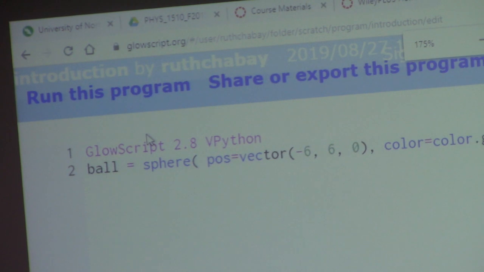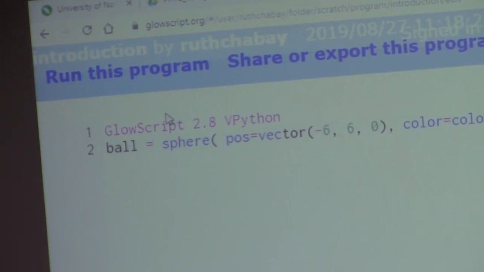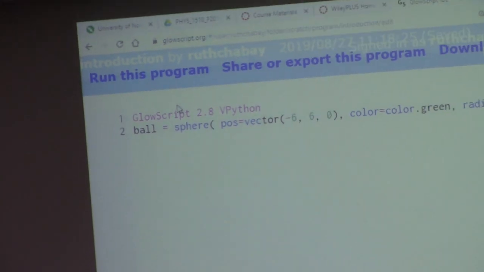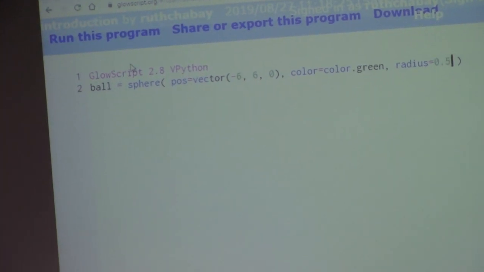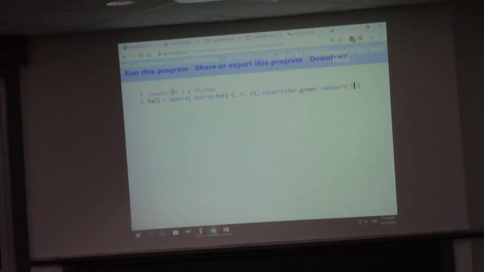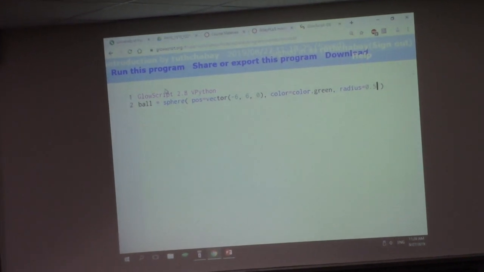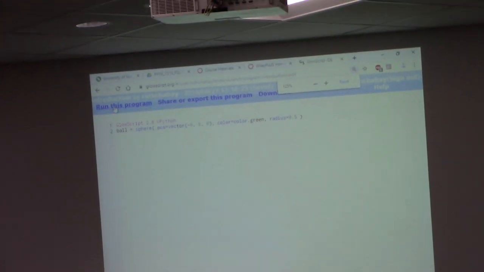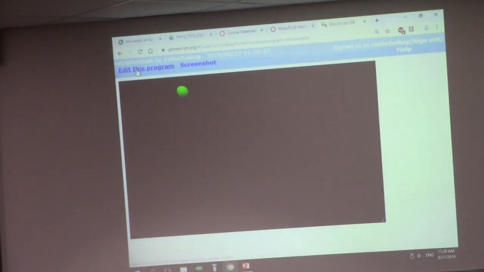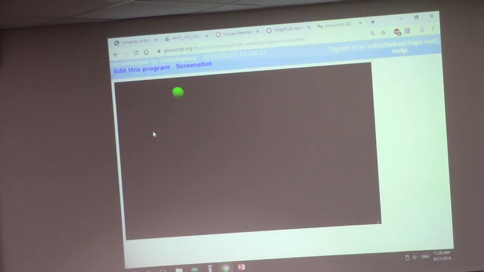Okay, so that's what I've typed. Sphere, its position is a 3D vector, color is green. So a 3D vector really just gives you 3 coordinates in 3D space. And now if we run this, we have a sphere named ball at a different location.